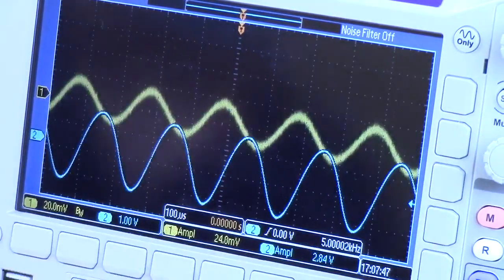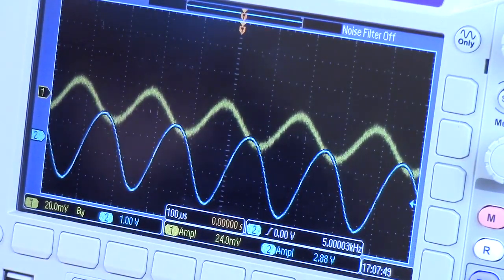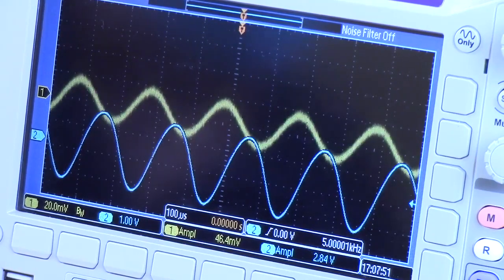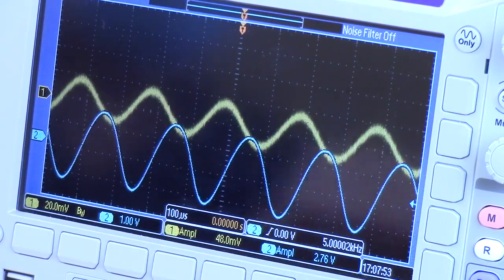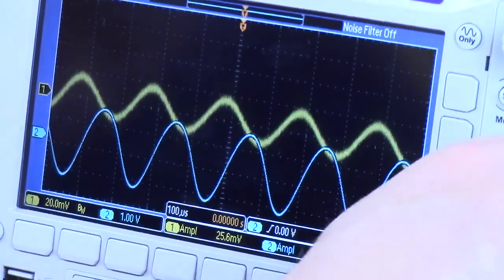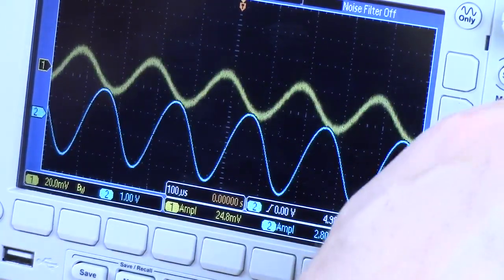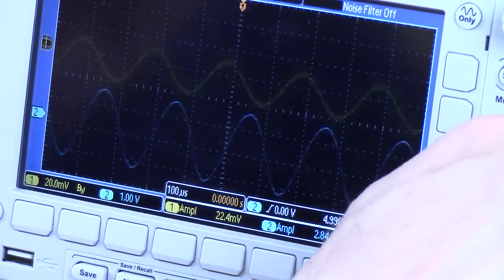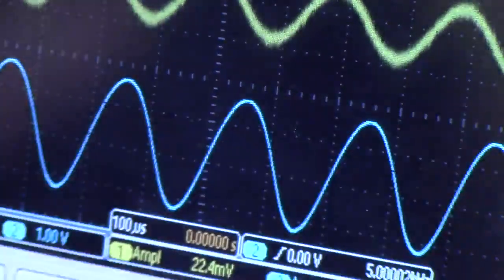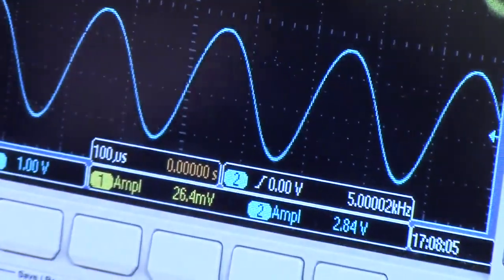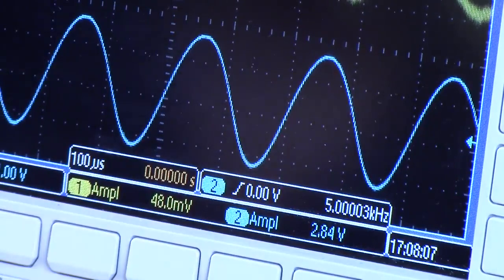We're now at 5 kilohertz. What we should be seeing due to CE is flat, come down, and then level off again. Or we may not be able to see the zero due to CE, but we should be able to at least see the pole.